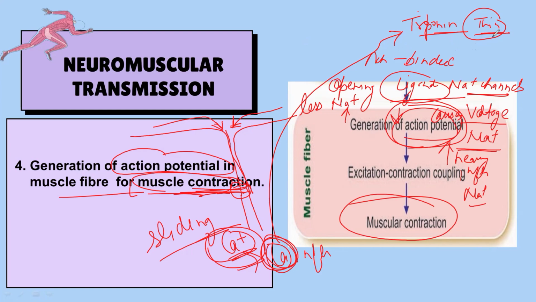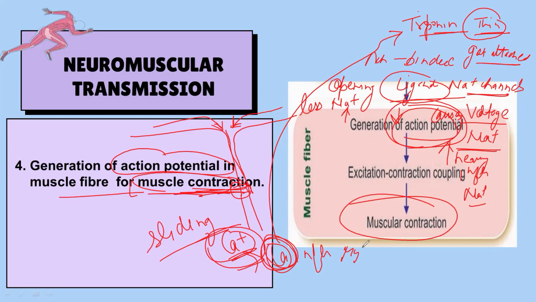Basically, in the thin filament we have three proteins: troponin, tropomyosin, and actin. Calcium attaches to the troponin protein and pulls away the tropomyosin protein. And finally, the actin protein has a free active site, and this active site attaches to the myosin head.